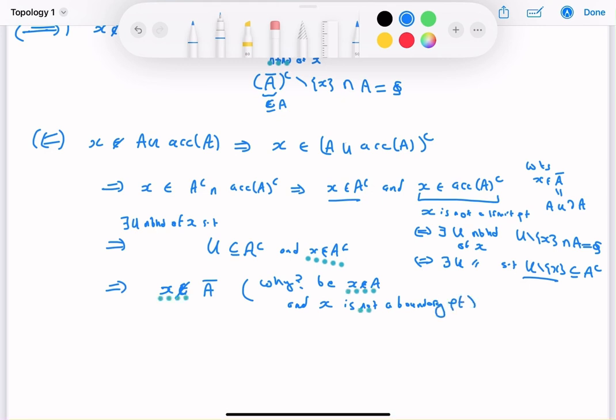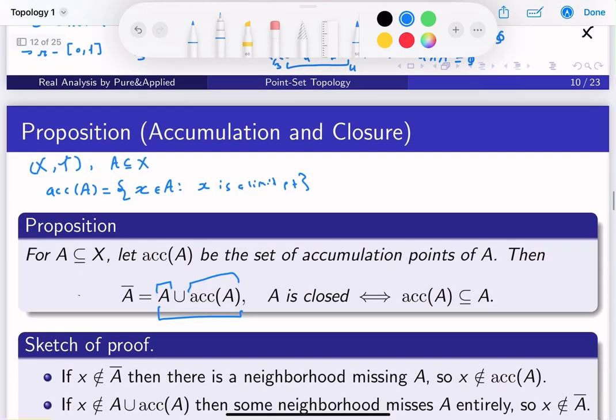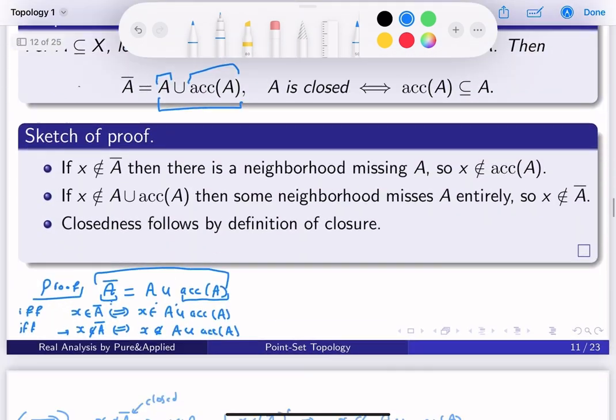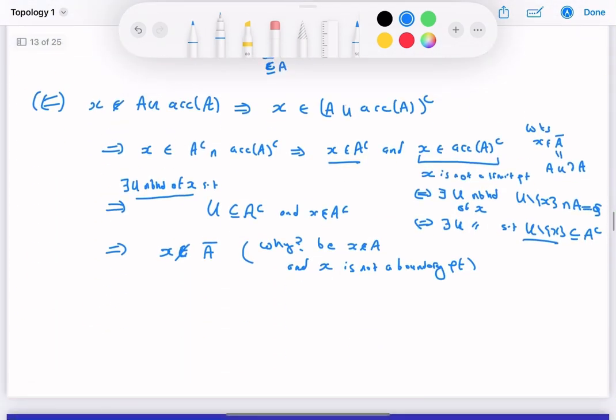Well, because if there is a neighborhood of x that doesn't intersect A, then we literally just agreed that the definition of boundary points is that a point is a boundary point if every neighborhood of it intersects A and the complement of A. But we just found a neighborhood that intersects only the complement of A and doesn't intersect A, right?